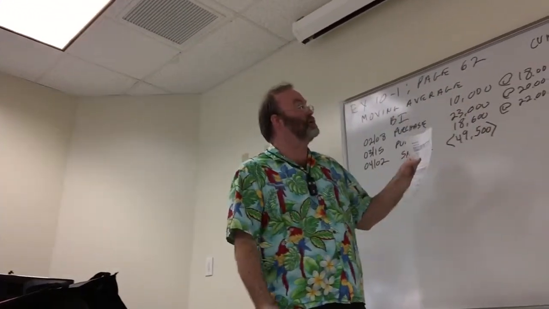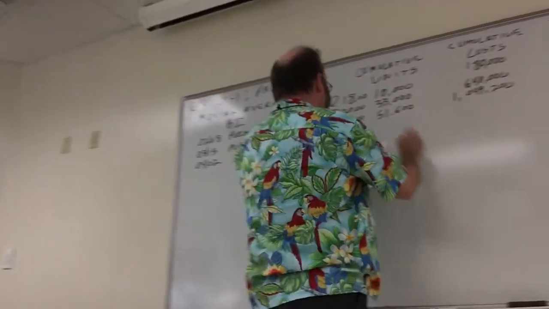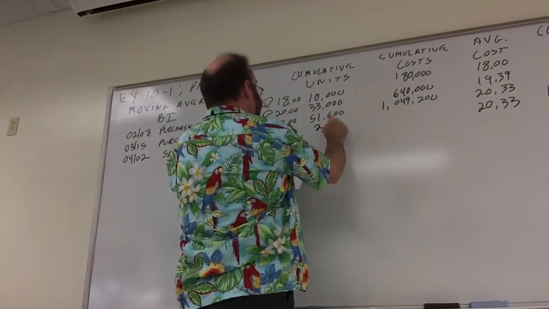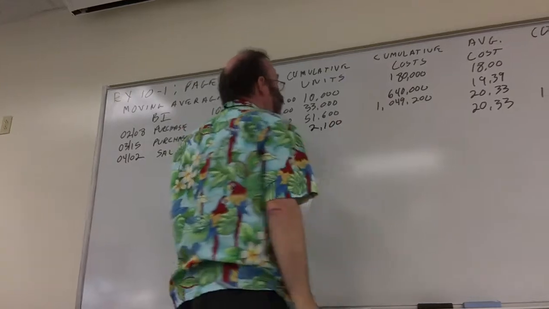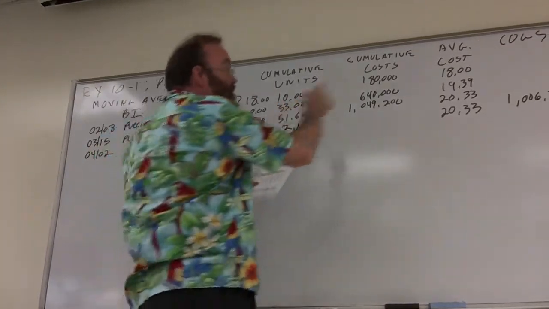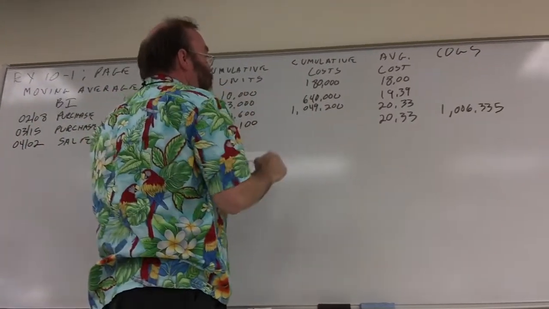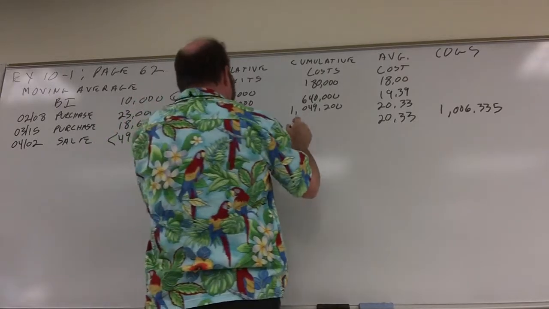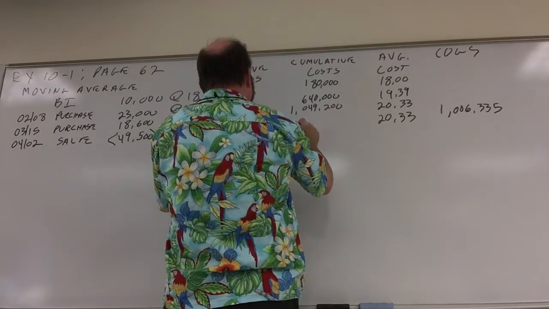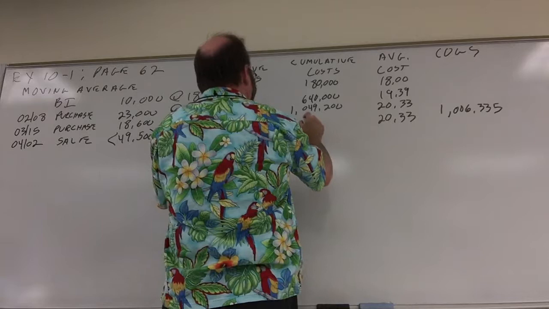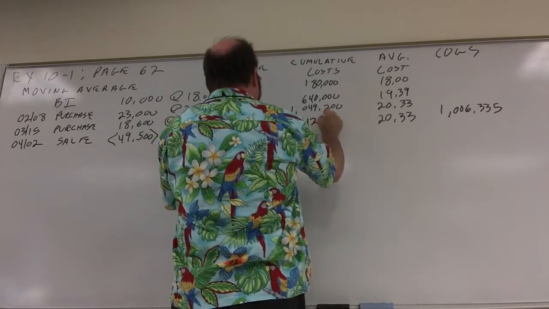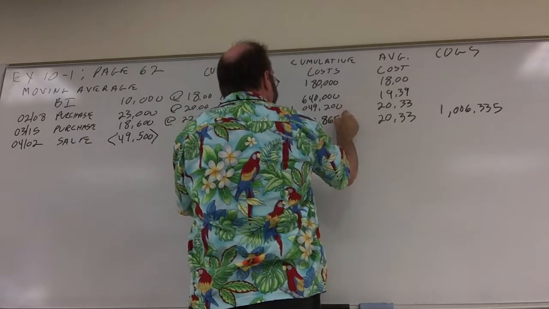That leaves us 2,100 units, also at an average cost of $20.33. So we now have a remaining cost of $42,865.